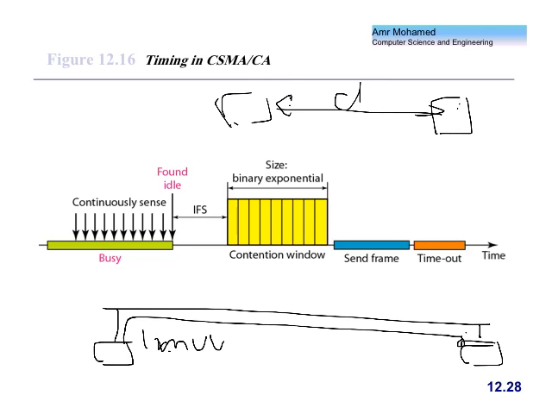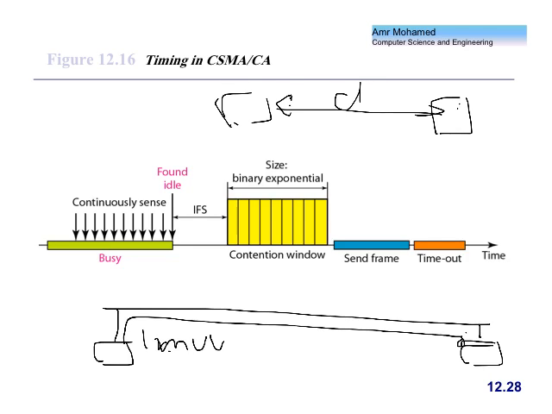The amount of noise that comes from outside is really low, is minimum. So that does not really affect the signal that much. So the conclusion is, for wireless, we cannot use collision detection.